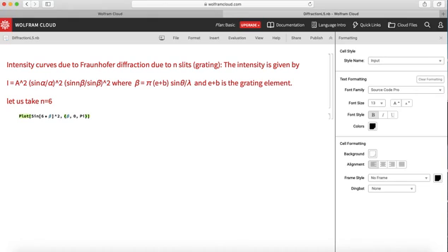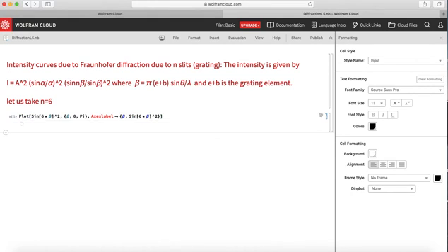Also I would like to label the axes: on the x-axis beta, comma, and on the y-axis sine square 6 beta, which I will just copy and paste here.